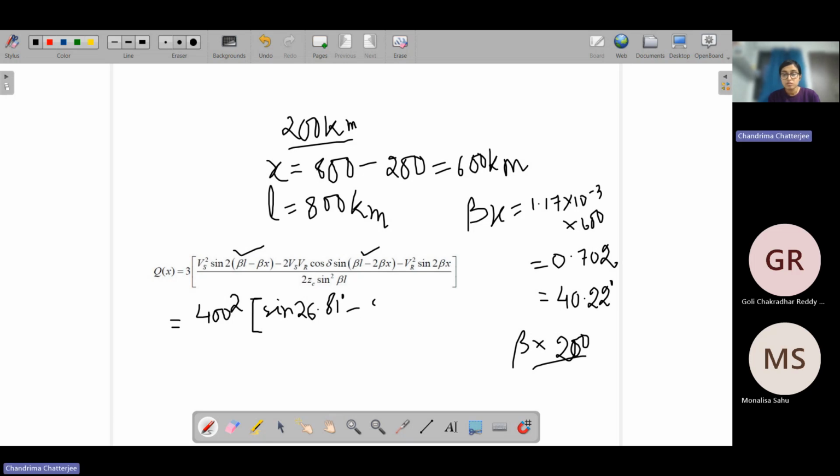Then the second, this is cos delta. So delta is 0, this is 1.